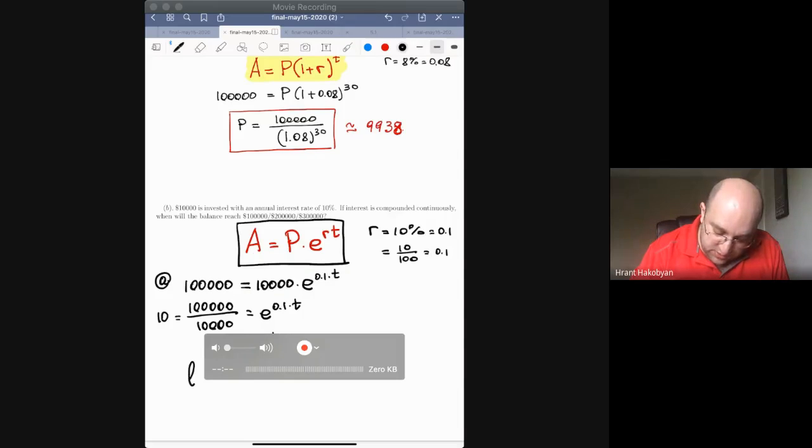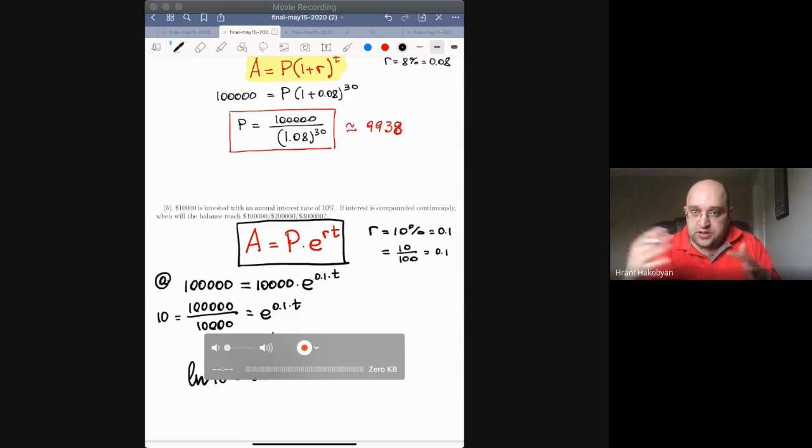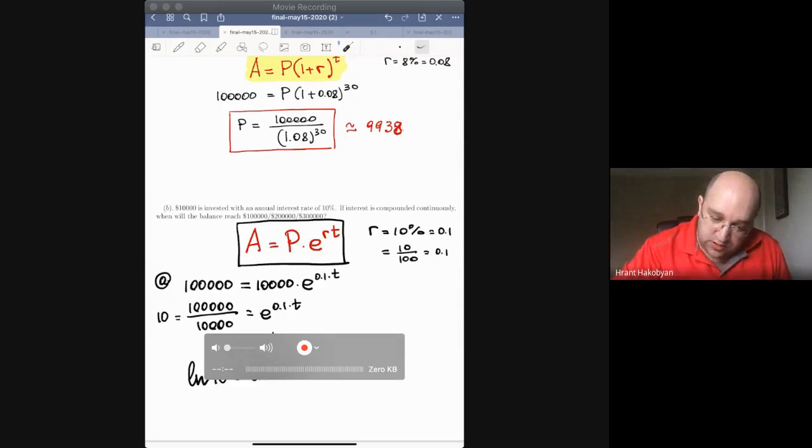It's written like this: natural logarithm of 10 is equal to natural logarithm of e to the 0.1t. The natural logarithm and e essentially cancel each other out, and all you get is the power here.